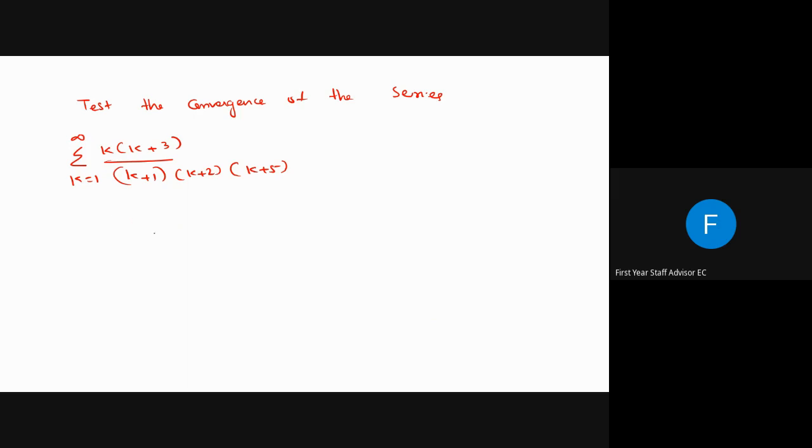By the limit comparison test, we take this as the given series: an equal to k into k plus 3 divided by k plus 1 into k plus 2 into k plus 5.